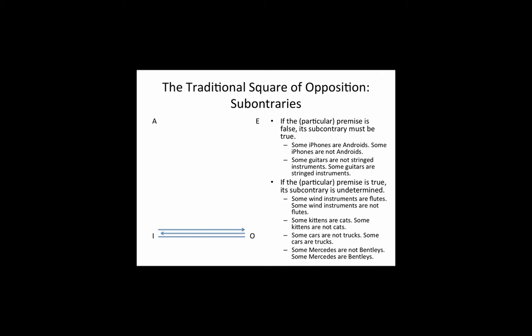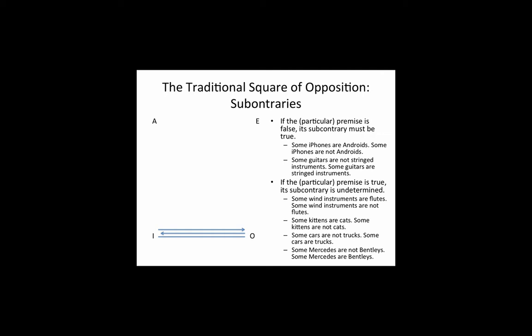The correlate to contraries is this pair of inferences known as subcontraries. So take your eyes down to your particular claims, I and O. You'll notice that on the very bottom, you have a bar that, like the bar in the A and E proposition references, is blank. In other words, there's no directional arrow.